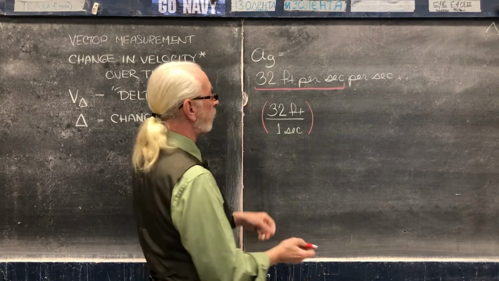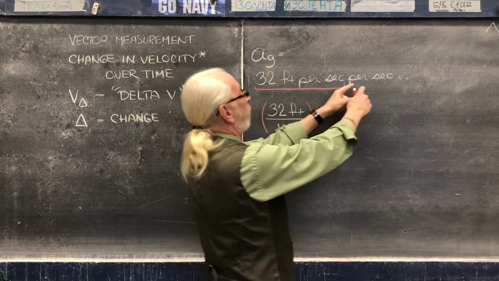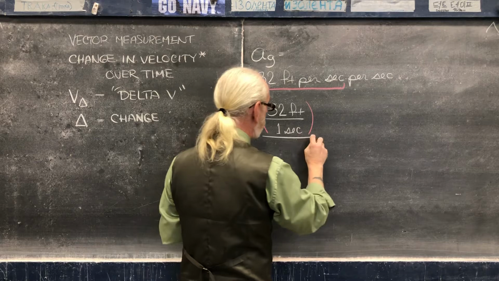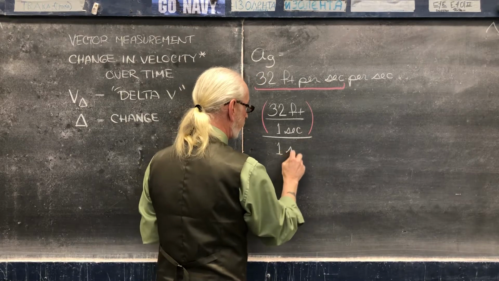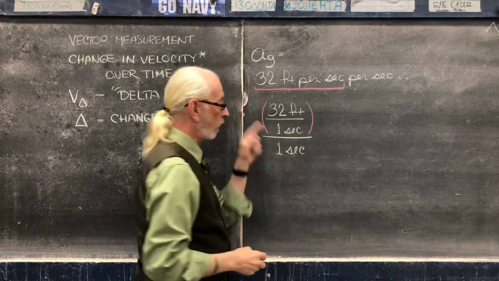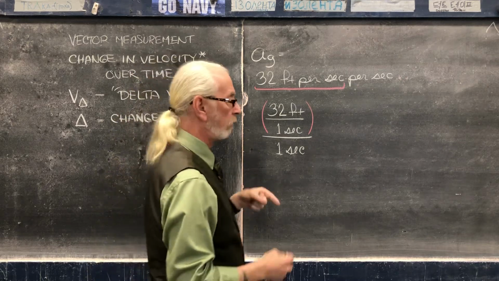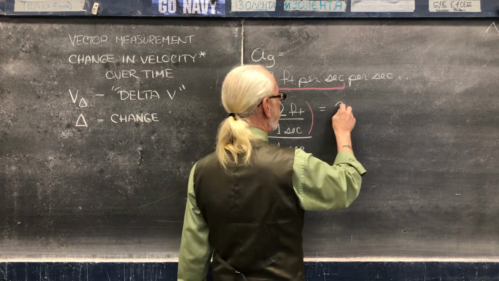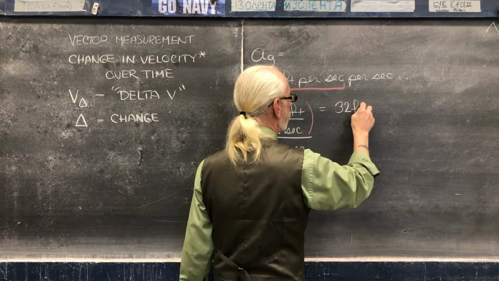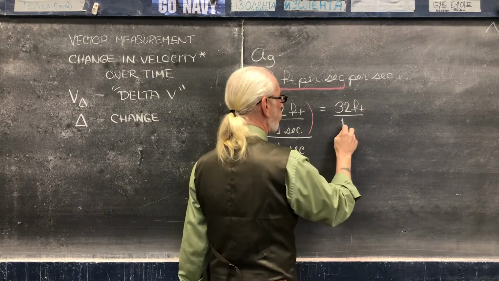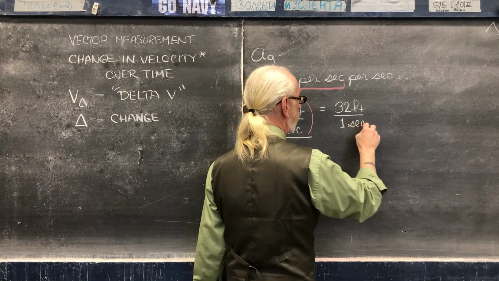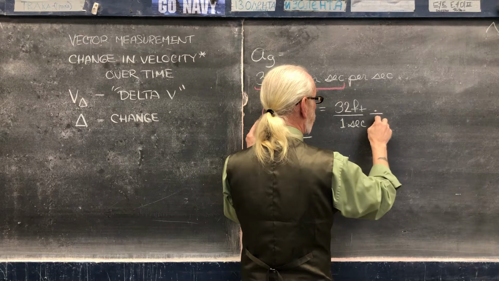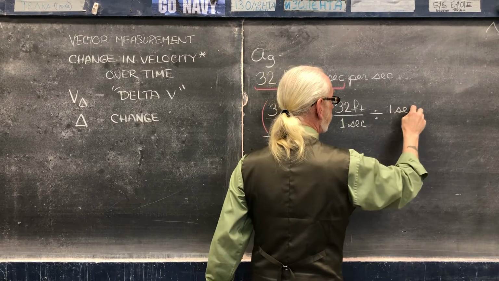So what we're saying here is this whole mess per second, which means this whole mess over 1 second. And that's still kind of messy. But let's rearrange this a little bit. We'll use a little algebra. Another way I can write this would be 32 feet over 1 second. That's this part here, divided by 1 second.